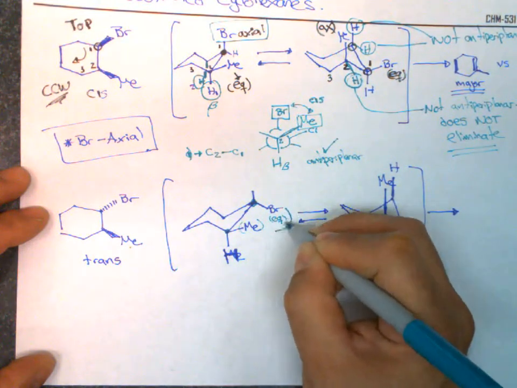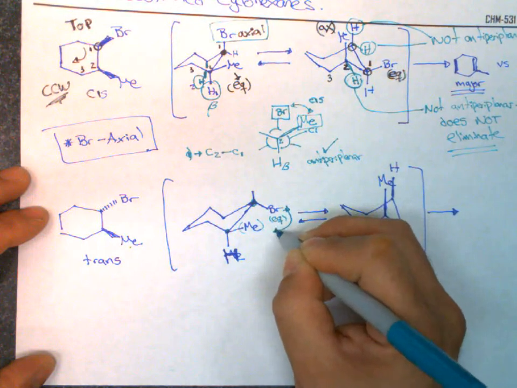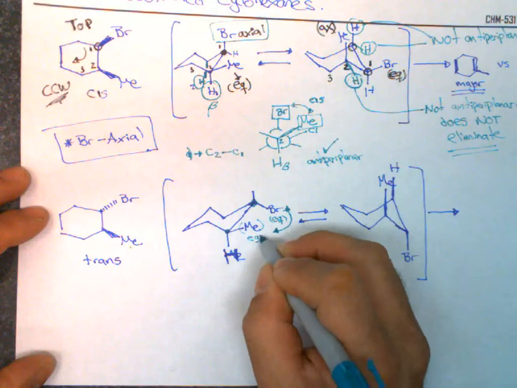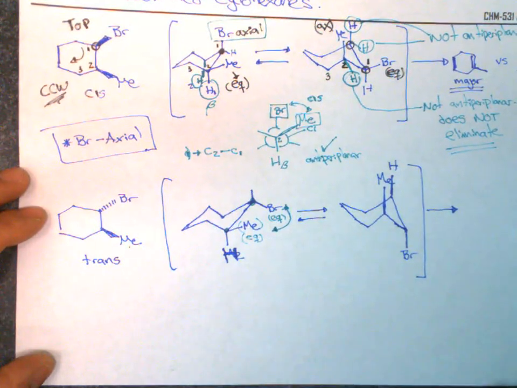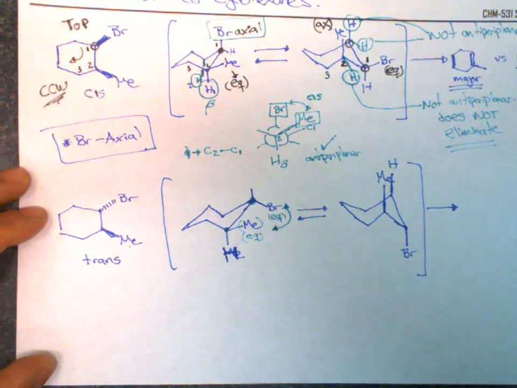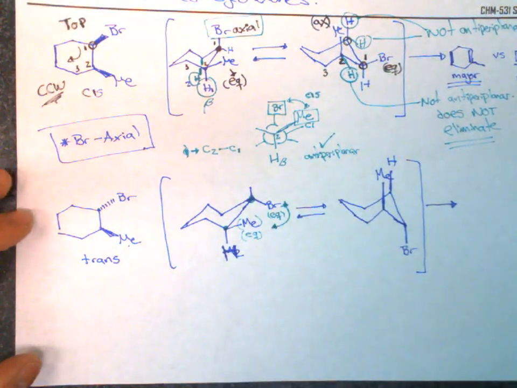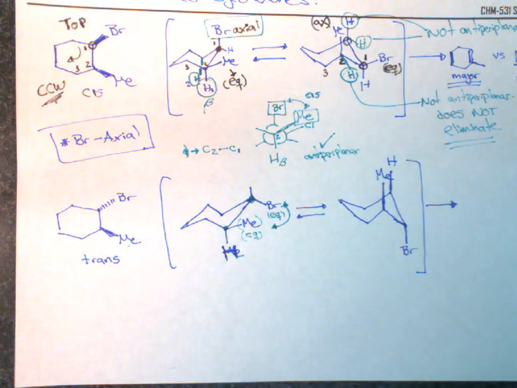Now bromine and methyl, are they cis or trans to each other? They're both equatorial. I hope we can all see that. Yes? Are they cis or trans to each other? In other words, did I draw the correct chair?